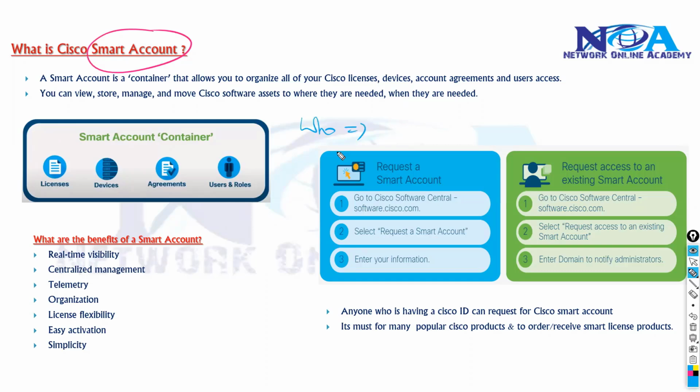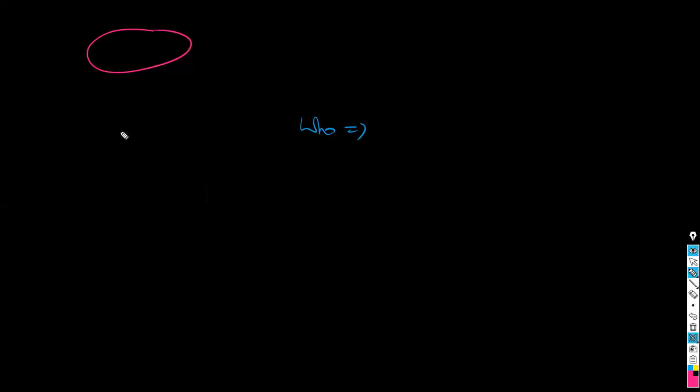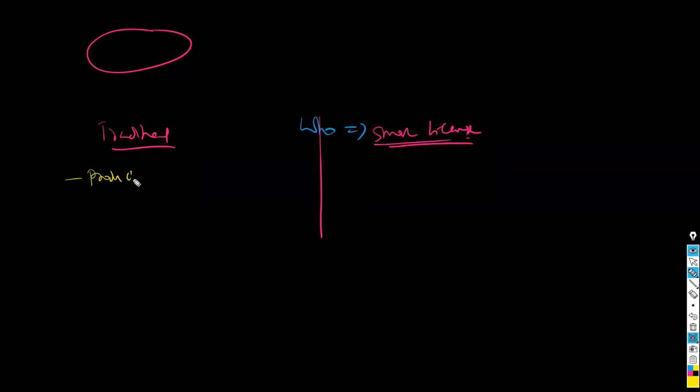Now, again, let's say, what is the difference between the old and the new? So the flexibility, like in the case of traditional licenses, if you compare the traditional license with the smart license option, what we have now from Cisco. So in the case of traditional license, you do not know what you own. Like, let's say you get some products from Cisco and you get the licenses, but there is no proper record or a portal which displays what products you own, what licenses you have activated.